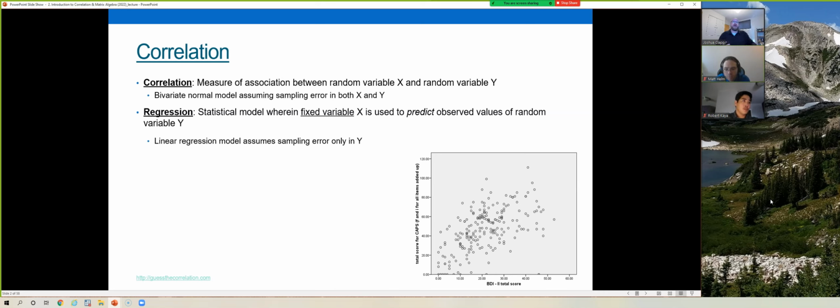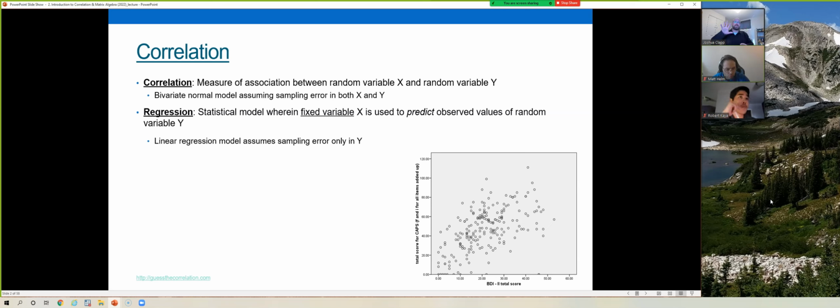So if we're looking at correlations, we're looking at a random sampling of variable x, a random sampling of variable y, and looking at the extent to which those two relate to one another. Essentially, the question we're asking is, does information about a value of x tell me about the corresponding value of y? Okay. Here we're assuming a bivariate normal model, which we'll talk about in just a few slides.